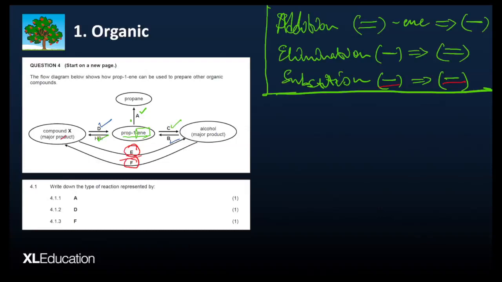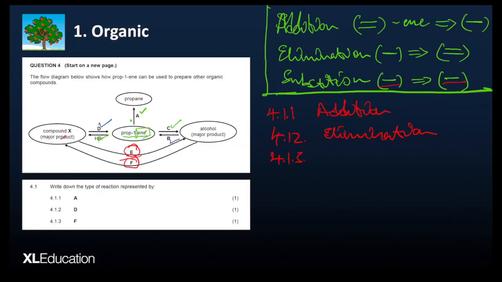Write down the type of reaction represented by A. We have seen that A is a reaction of an unsaturated molecule. So 4.1.1, A is addition. Right? 4.1.2, these are easy marks. D is the opposite of addition, so it means it is elimination, right?